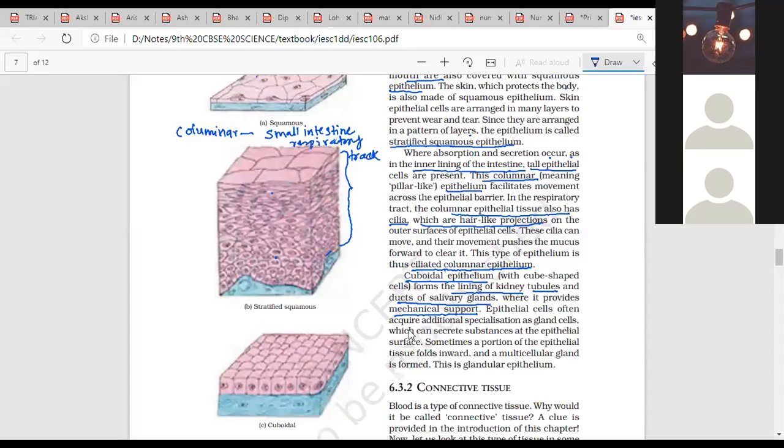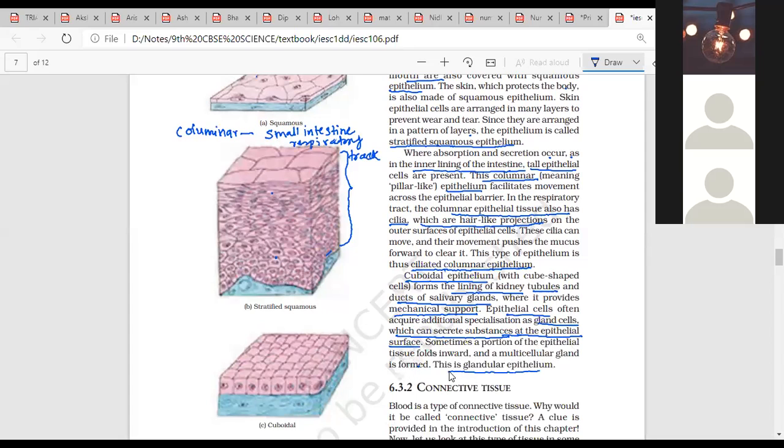Epithelial cells often acquire additional specialization as gland cells. These cells get converted into glandular cells, which start secreting substances at the epithelial surfaces. Sometimes a portion of the epithelial tissue folds inward, and a multicellular gland is formed.